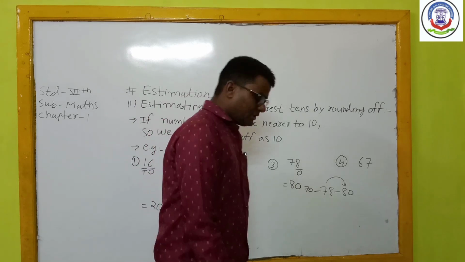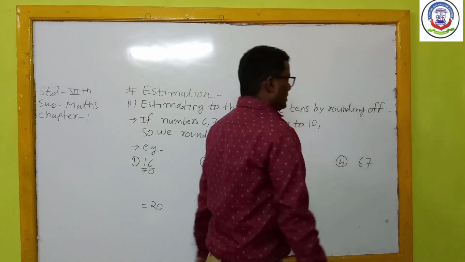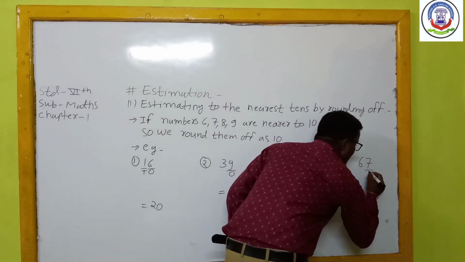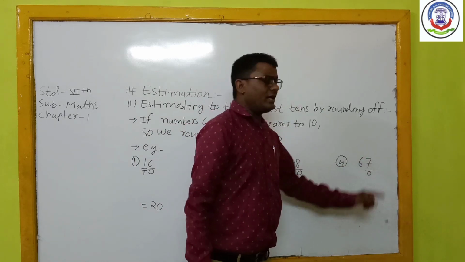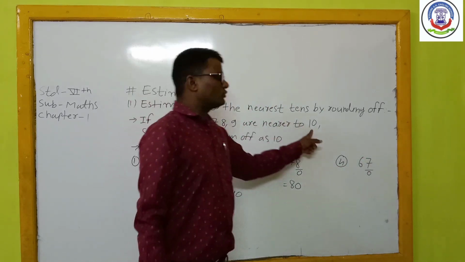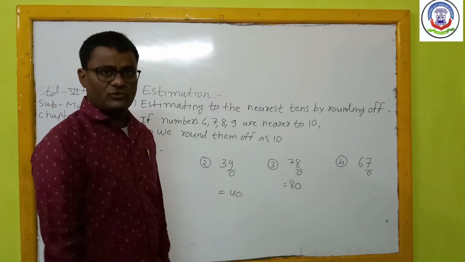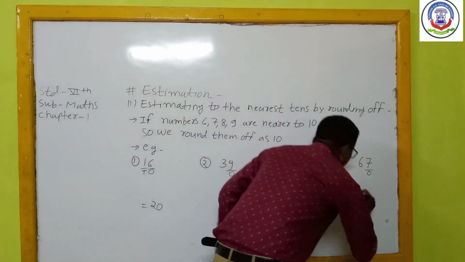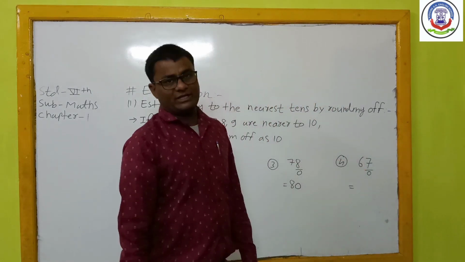Okay, now in question 4, 67. See the digit at the ones place, that is 7. Now 7 is nearer to 10, so we will round it off as 10. Then it will become 70. How?